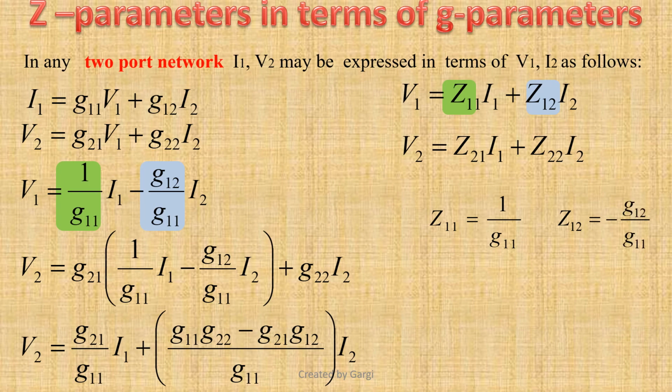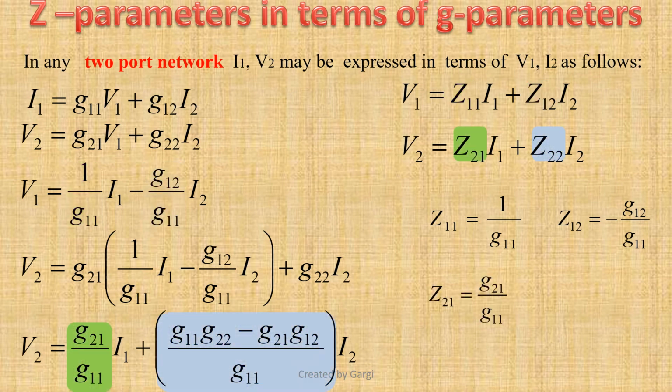Comparing the expressions for V2, we get Z21 equals G21 by G11 and Z22 equals delta G by G11, where delta G equals G11 G22 minus G21 G12. Now we have obtained the expressions for Z parameters in terms of inverse hybrid parameters.